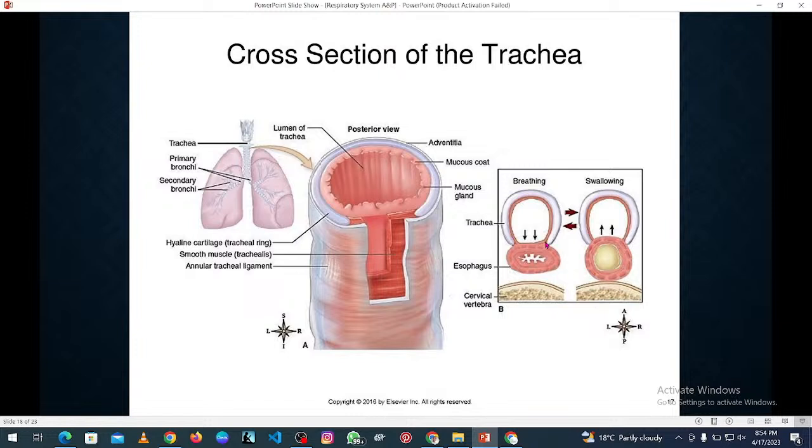And so the reason why God made these C-shaped cartilages not complete is to allow the esophagus to easily expand and contract when we are swallowing. When we'll be talking about difficulties in swallowing, we need to know how that can occur. Difficulties in swallowing happen whenever there's an inflammation.